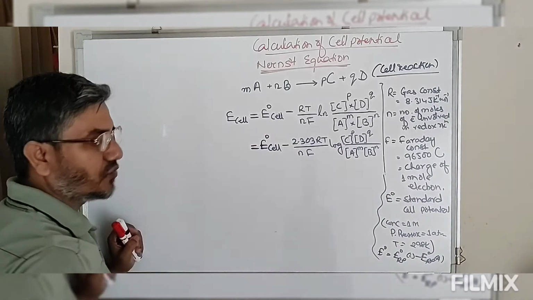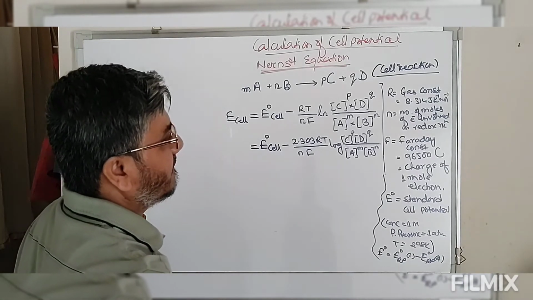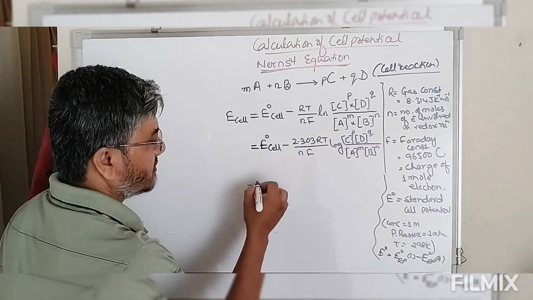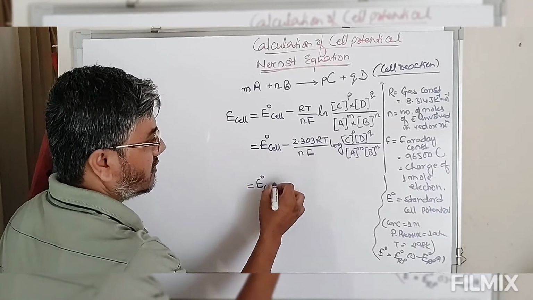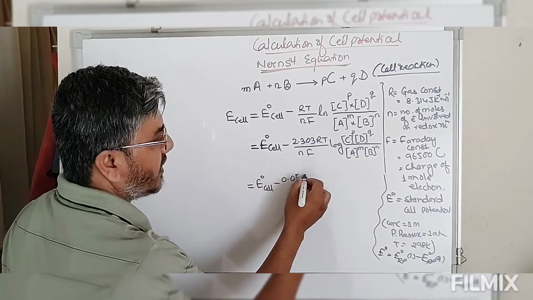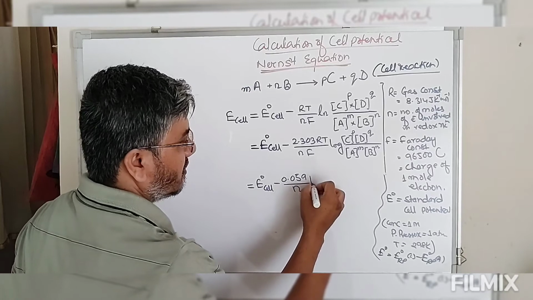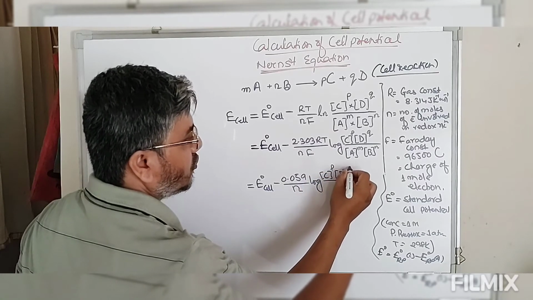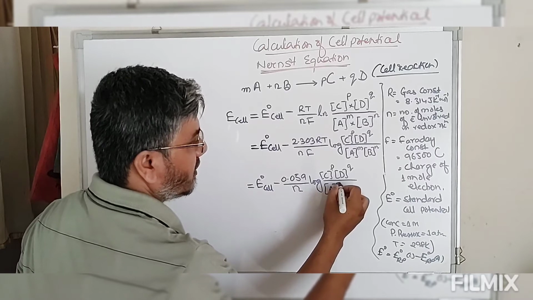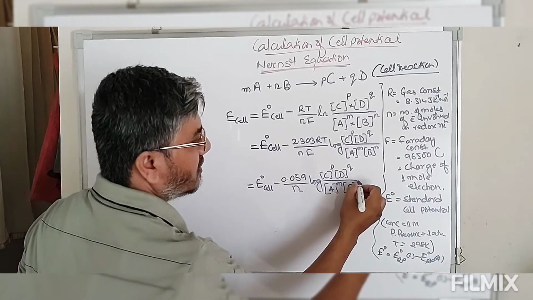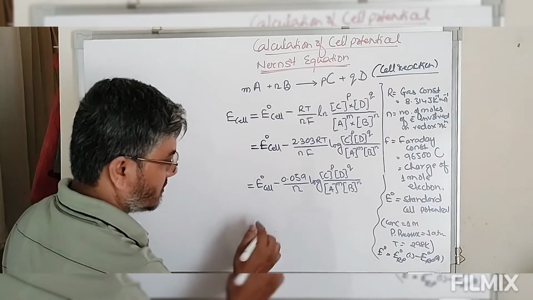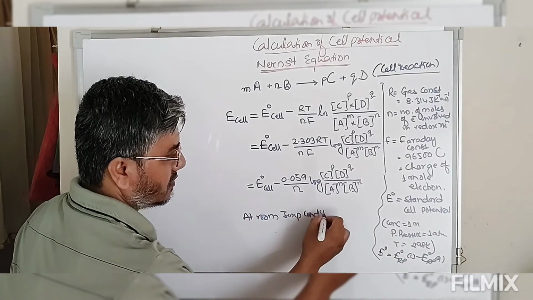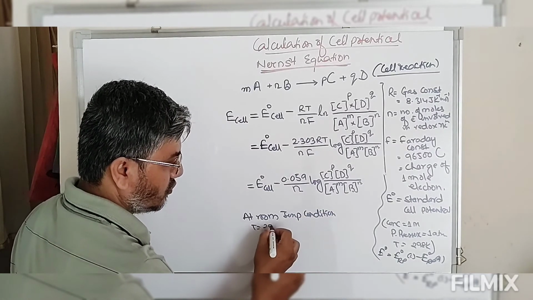So this is the equation. Now at room temperature, that means at 298 Kelvin, the equation can be written as E naught cell minus 0.059 divided by N log of the concentration of C raised to the power P, D raised to the power Q, divided by A raised to the power M into B raised to the power N. This is at room temperature, T is equal to 298 Kelvin.